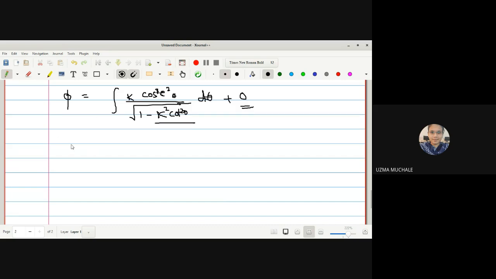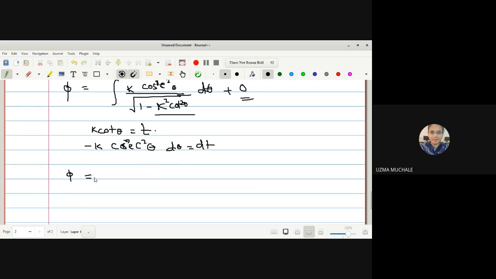Now, if you remember, while solving this type of integration, we use the method of substitution. k cot theta is nothing but some t we are going to substitute, and then the derivative of this, k is a constant, so derivative of cot is minus cosec square theta d theta equals dt. Do you remember, we have done this many times in our 11th or 12th standard.